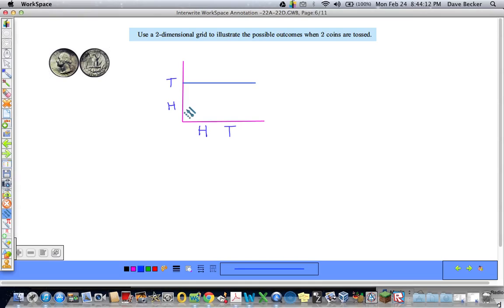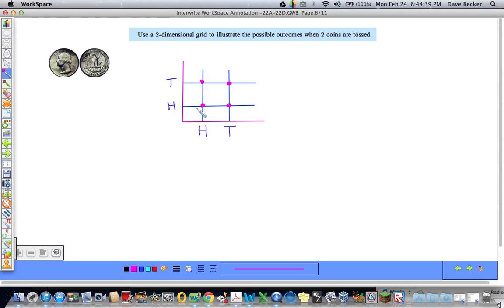Okay, so we do a horizontal line for the tails and heads on the vertical axis, and then a vertical line here, for the heads and for the tails. And then where they intersect represents all the different possible outcomes. Okay, and what are they? I'm going to make little points there. There are 4 possible outcomes.